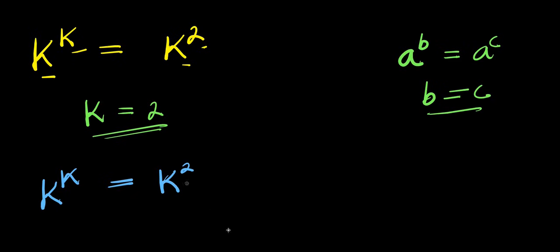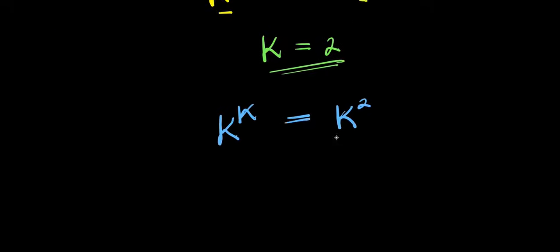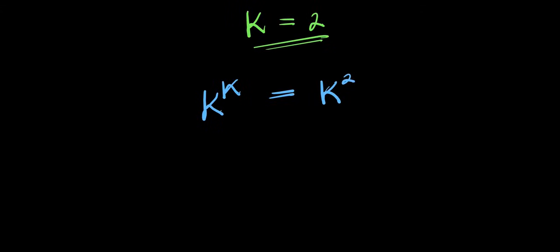Now, what I will expect us to do is to consider natural log. I have natural log of k to the power of k equals natural log of k to the power of 2.